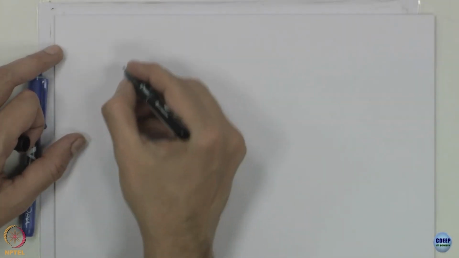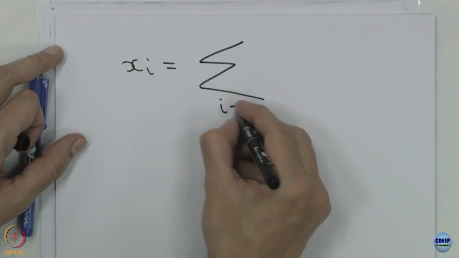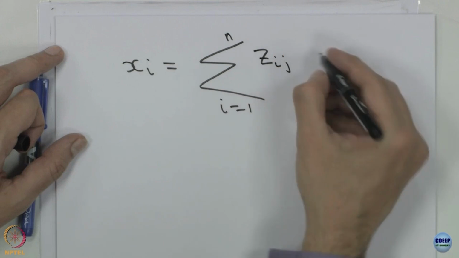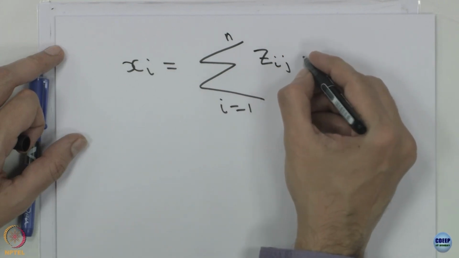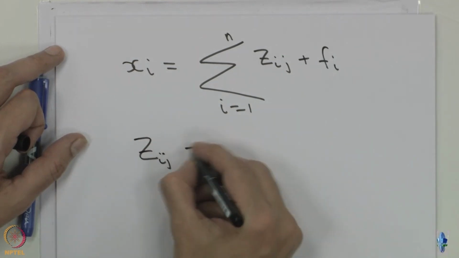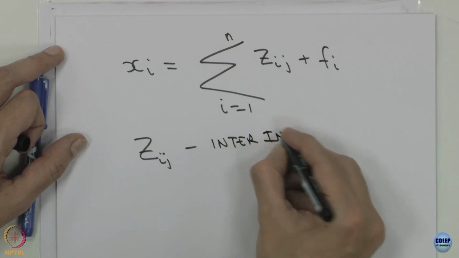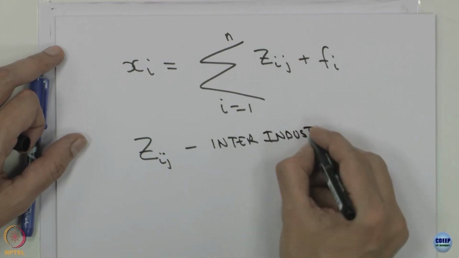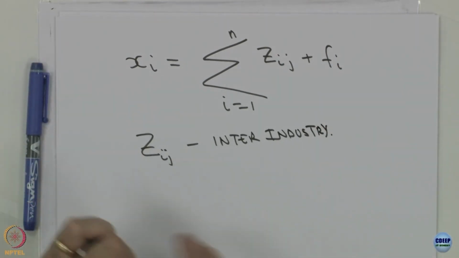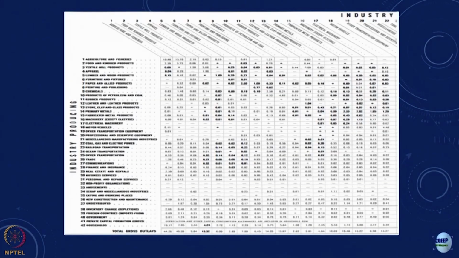So we can write this as xi equals the sum of zij plus fi, where zij are the inter-industry flows, or transactions in money terms. So let us see how this was represented in the paper by Leontiev in Scientific American.